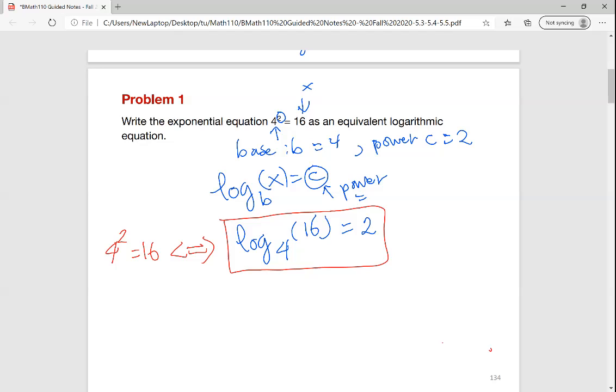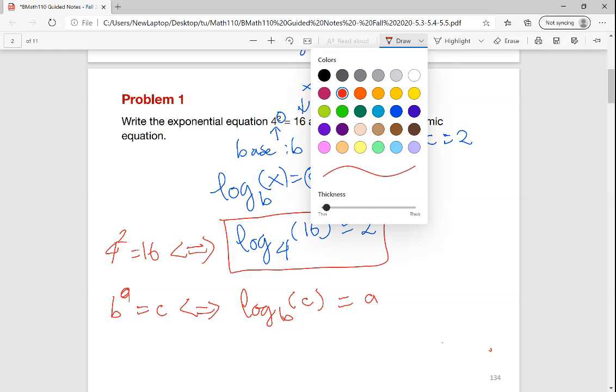And another form: you have base b to the power a equals c, which is equivalent to log base b of c equal to a. So that is also a form for you to remember.